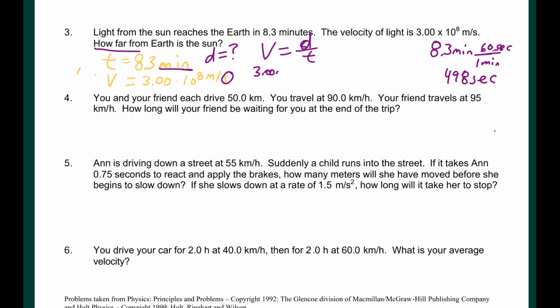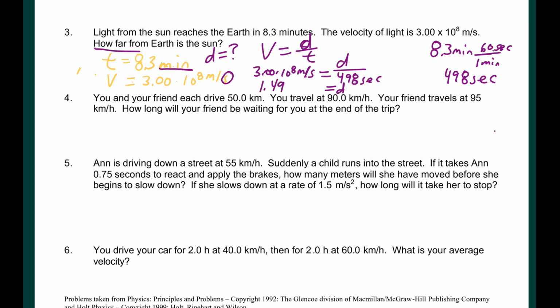So 3.00 times 10 to the 8th meters per second equals d, which I don't know, over 498. Okay. So to solve this, I would take 3 times 10 to the 8th times 498.